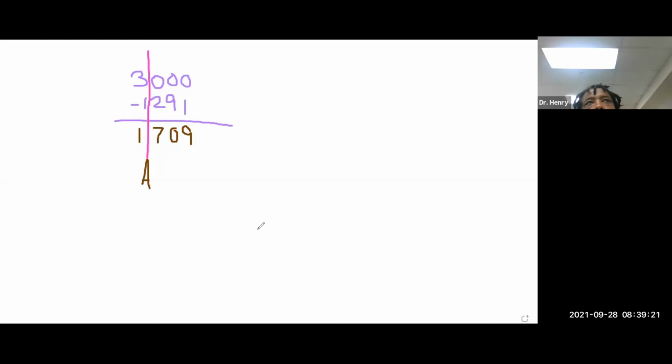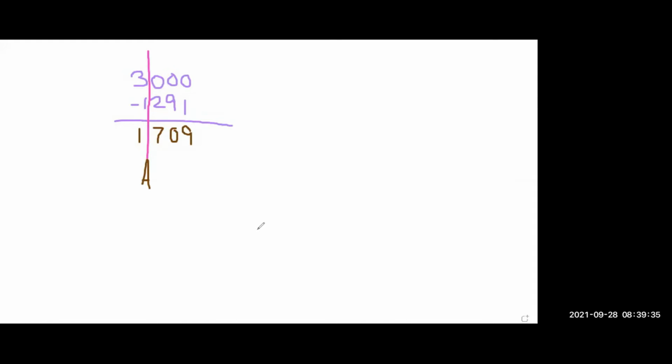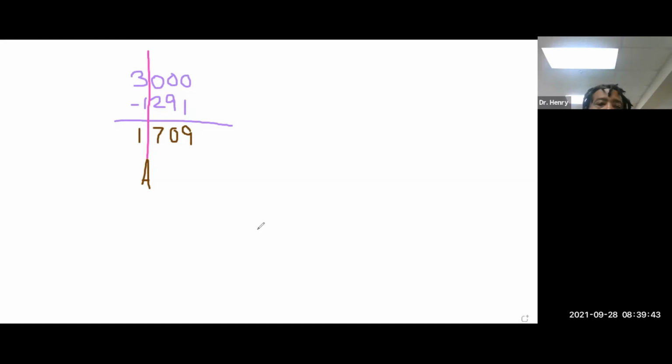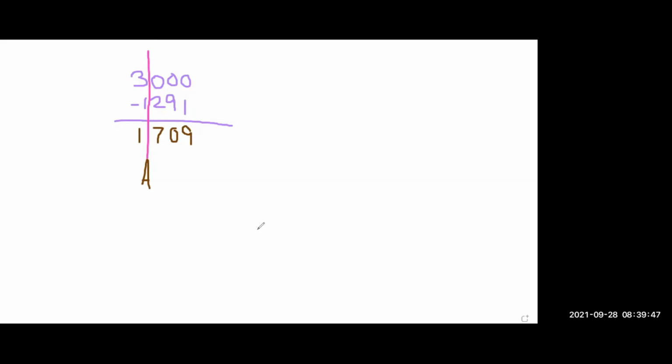So what would be my answer, the final answer? And what am I going to use to determine whether I'm going to round up or leave it alone? So which number am I going to use to round up or leave it alone? The 7.